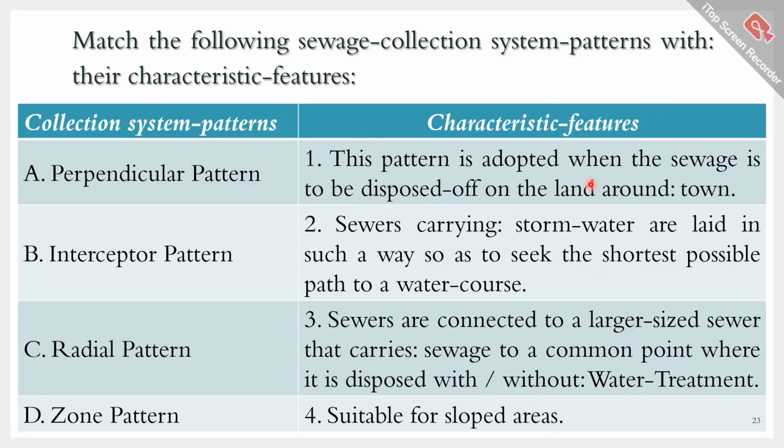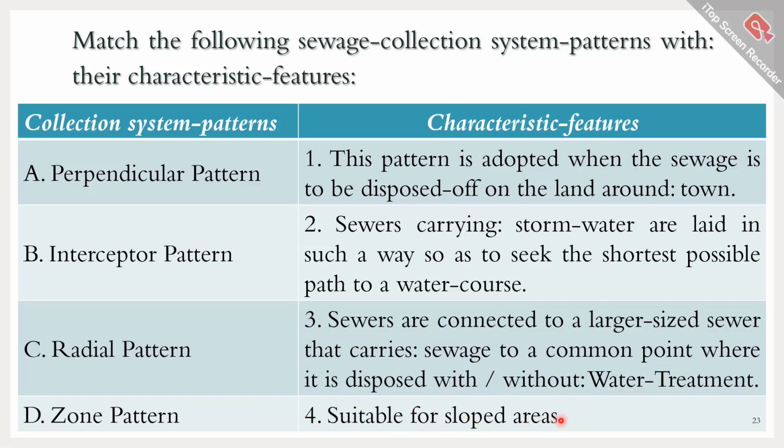Number one is this pattern is adopted when the sewage is to be disposed of on the land around town. Number two is sewers carrying storm water are laid in such a way so as to seek the shortest possible path to a water course. Number three is sewers are connected to a larger sized sewer that carries sewage to a common point where it is disposed with or without water treatment.